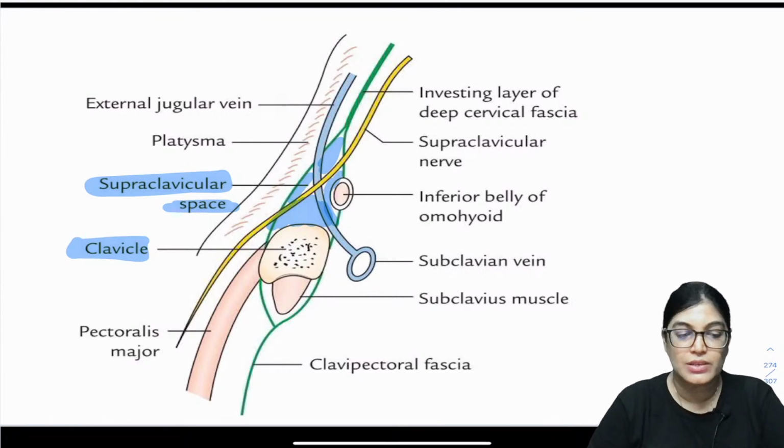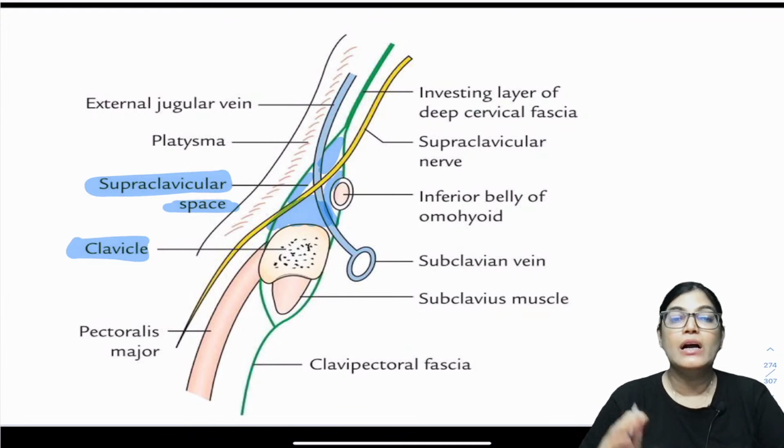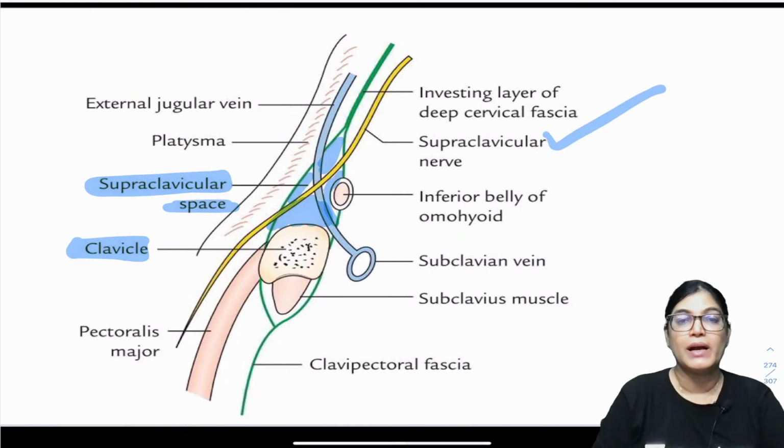This is the supraclavicular space, and it is important for your viva examination and for your MCQs that you know which structures are lying in the space. Here you can see one of the structures, the supraclavicular nerve.